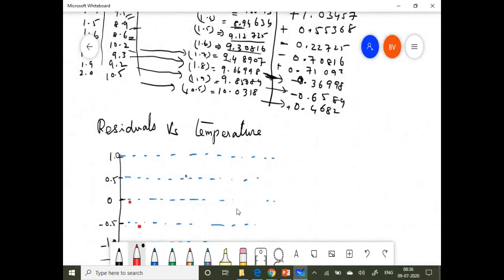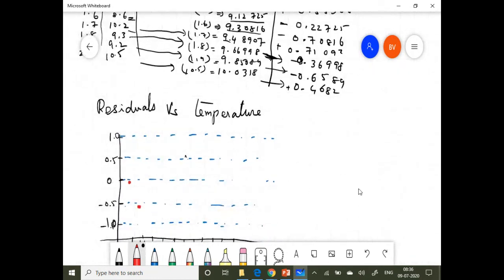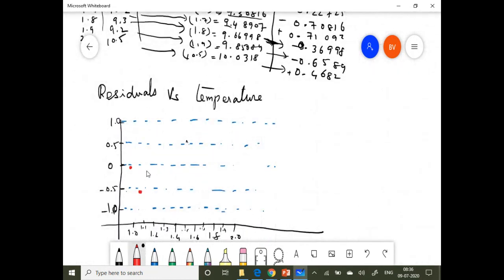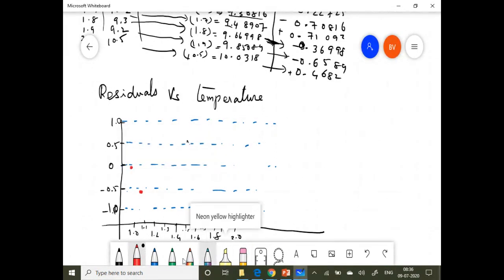Closer than this point. So when x is 1.2, this will be more close, but still with a negative sign, negative 0.0.